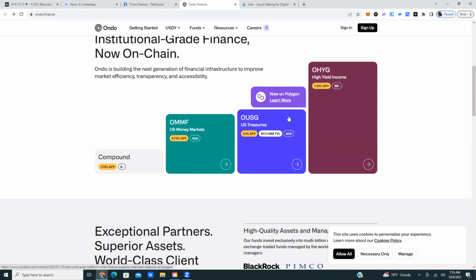And it appears that they are also on Polygon. So we're going to be covering Polygon in a couple of weeks, but I definitely want to keep it on Ethereum. So, all right, let's go back. I'm going to close this website. That was some pretty good research right there.